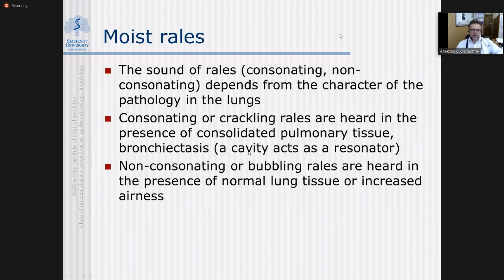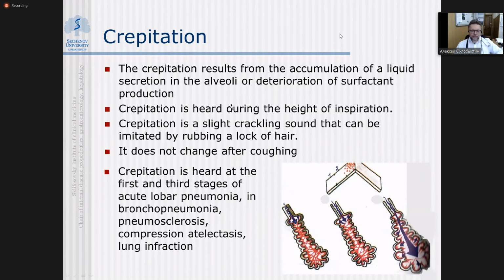Good. Turning back to adventitious sounds. Crepitation in many cases will be difficult to differentiate from rales. That's why there is the term crackles. But you should do your best to do that, because crepitation means that there is exudate or fluid inside the alveoli. So it means that there is another disease.